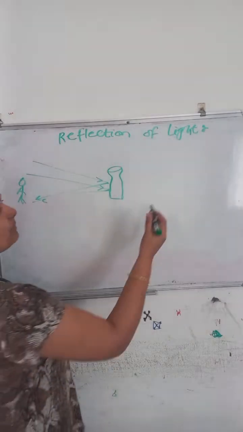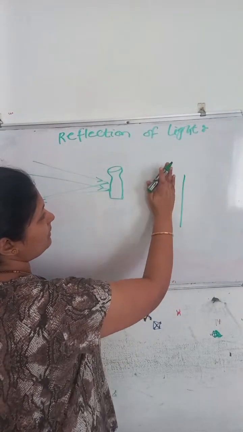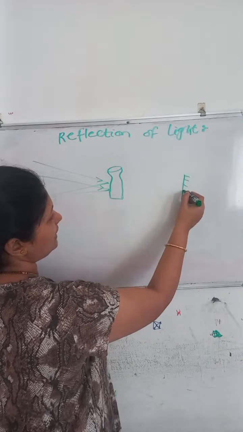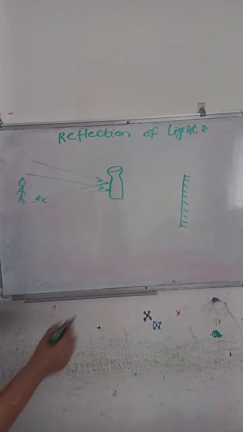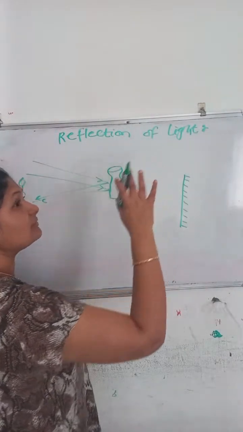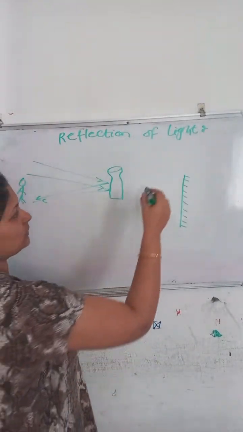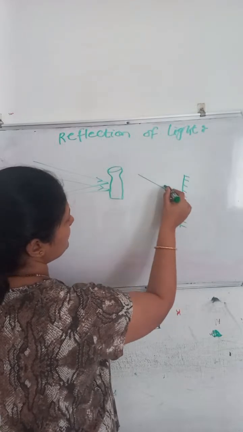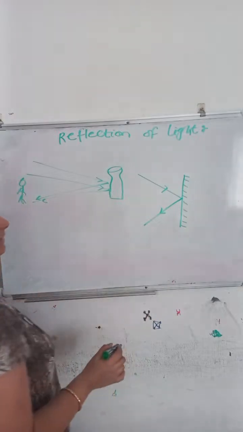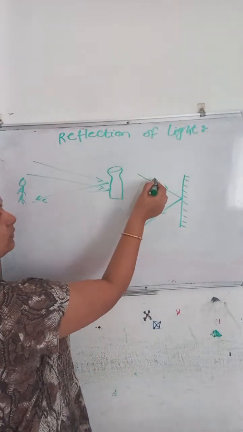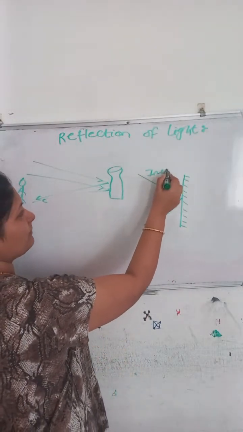So we have a plane mirror, and in a plane mirror one outer surface is shiny and the other is non-reflecting. If you take a plane mirror like we have in our house, suppose this is an incident light. It touches this surface and is reflected back. I am showing this with an arrow.